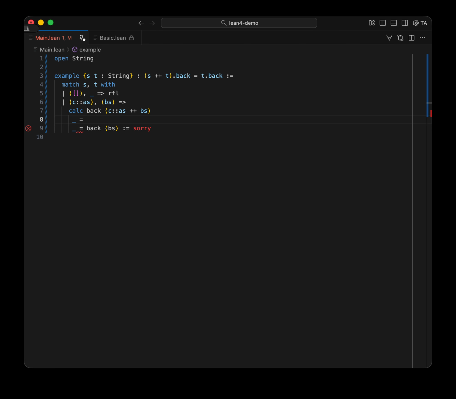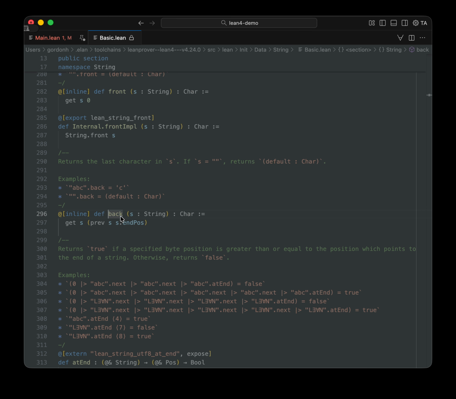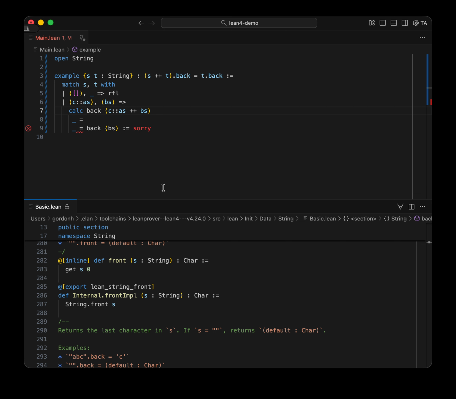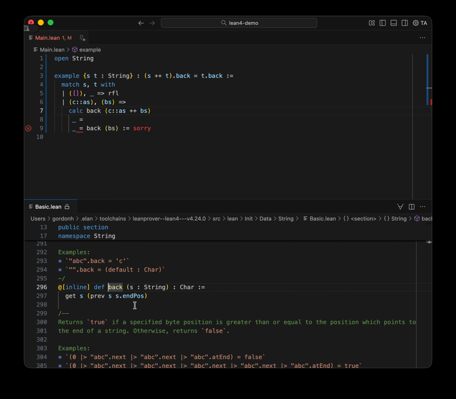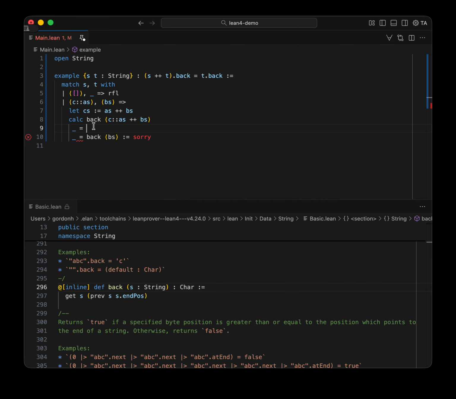Okay, the first thing we'll have to do is to unfold the definition of back. So what exactly is back? Okay, let me shorten certain things. Give A, give the appending AS and BS an alias CS.